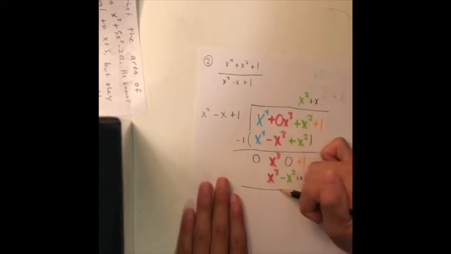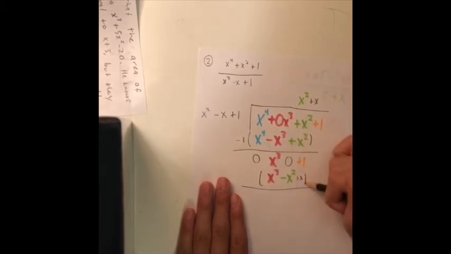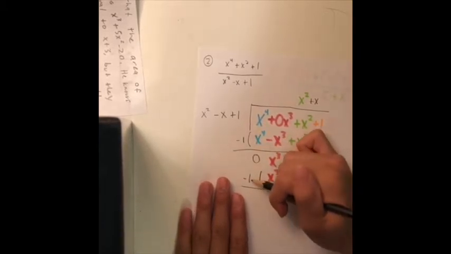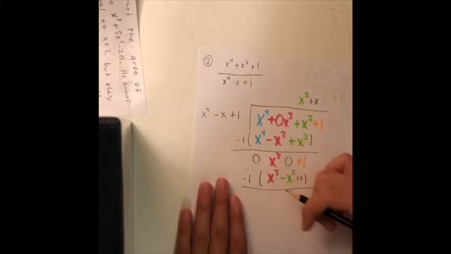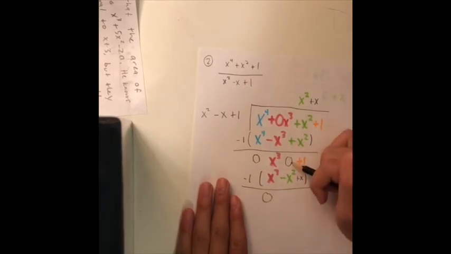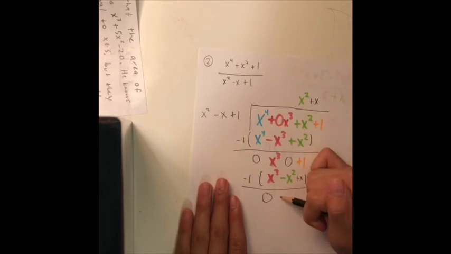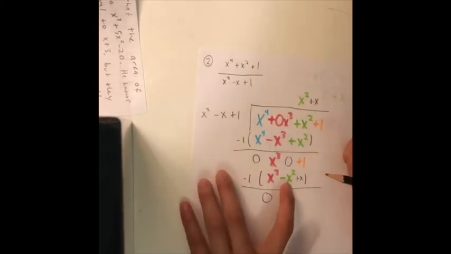Now what you're going to want to do is multiply this by -1 and then add. -1 times x cubed is negative x cubed. X cubed plus negative x cubed is 0. 0 minus x squared is negative x squared. Or no, I forgot. You have to times it by -1.